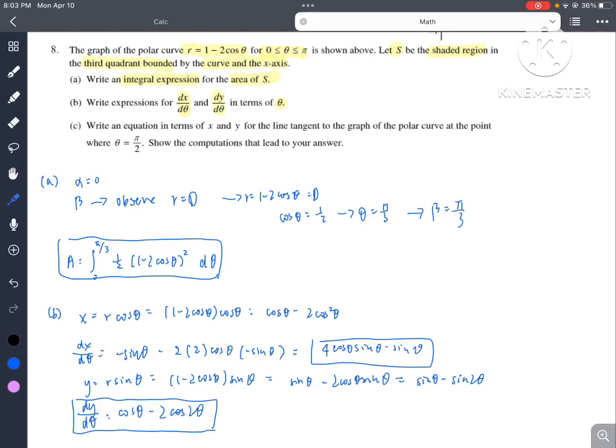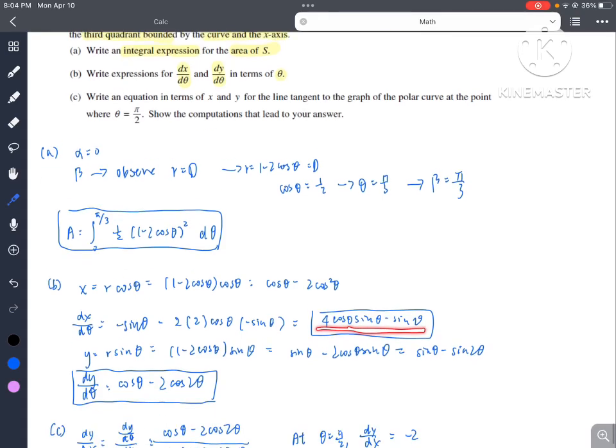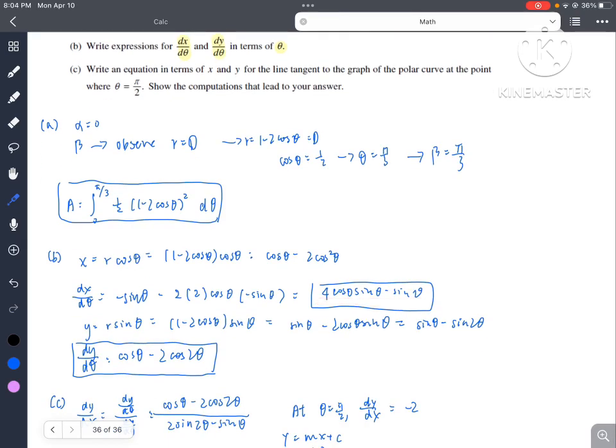But then you need to chain rule it because cosine is still a function. So we obtain this one. And then y is equal to r sine theta, which is equal to this. And we can just use this trig identity. This is equal to sine 2 theta, so we don't have to use product rule, and our lives are a bit easier. After we differentiate it, we get this.